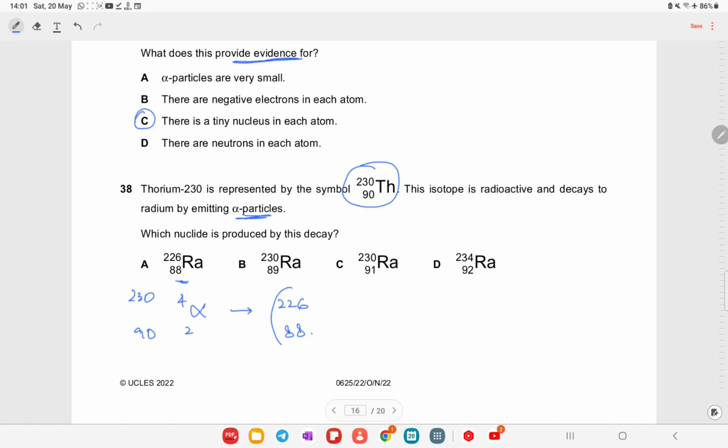So if you decay this, you will end up with this one. When this decays by alpha particles, it's going to end up with this for option number A.